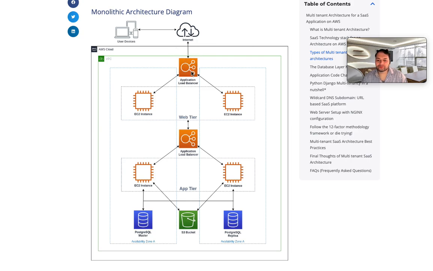And then this application load balancer is talking to our two EC2 instances. And then below that, we have another application load balancer talking to these EC2 instances, which are talking to our S3 bucket and to the PostgreSQL master and replica databases. So this is the monolithic architecture.